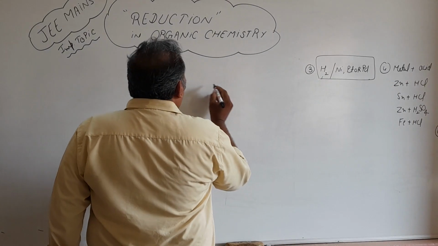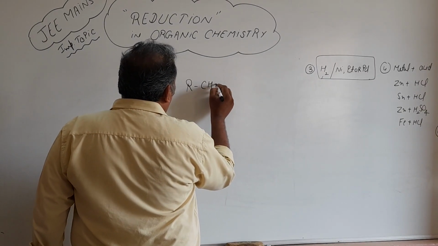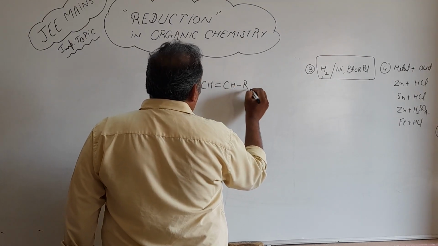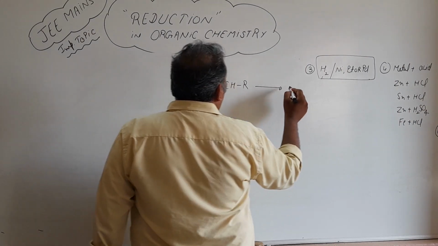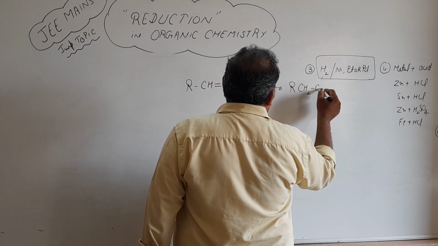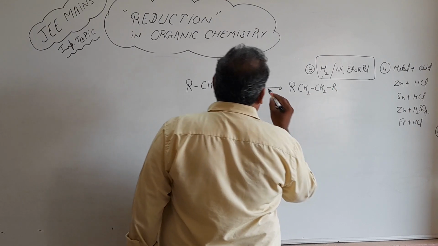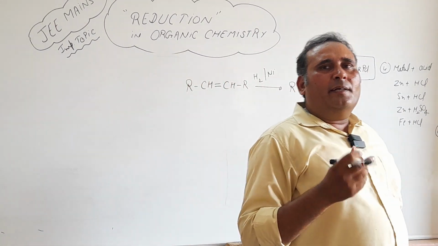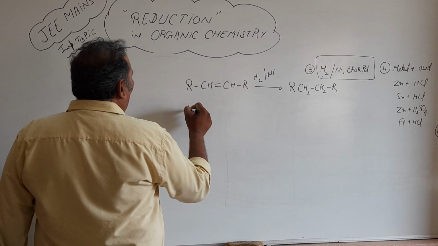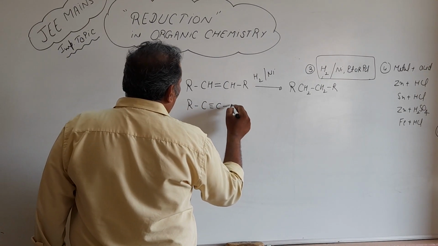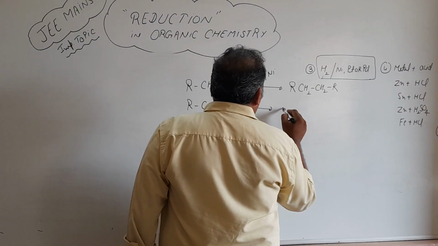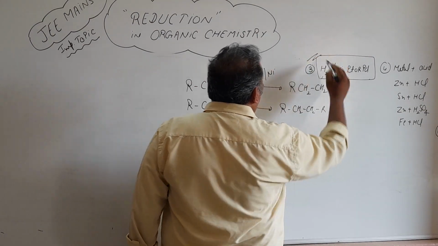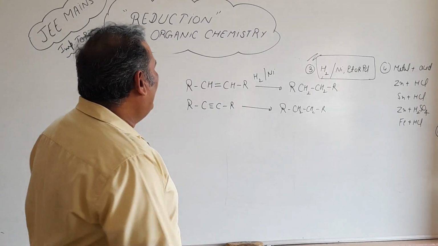For example, if we are using a double bond, then the double bond will get converted into a single bond if we are using H2 with Ni, or we can take platinum or palladium in place of nickel. Triple bond, yes, triple bond also gets reduced into single bond when we are using hydrogen nickel catalyst.